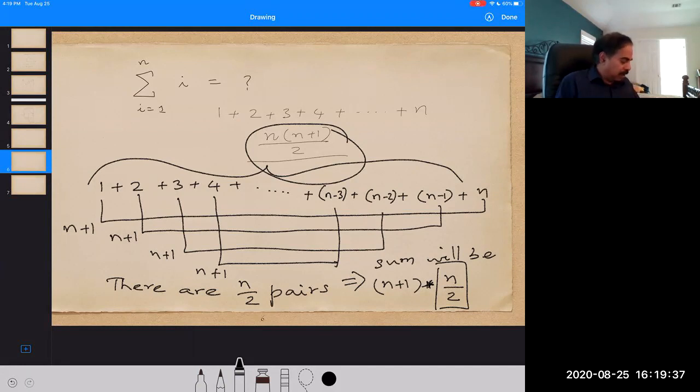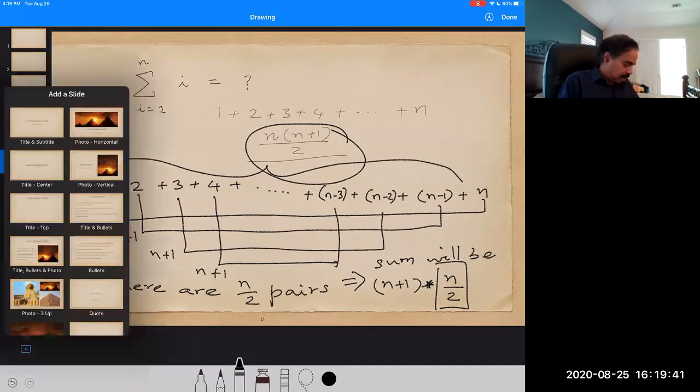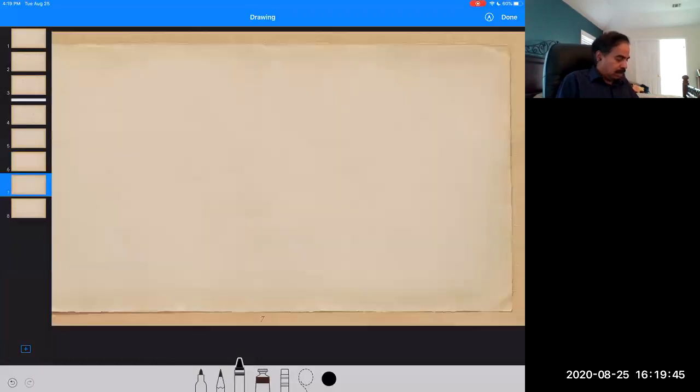So there is also a geometric way of looking at this. This time my writing is going to be even worse, so bear with me.